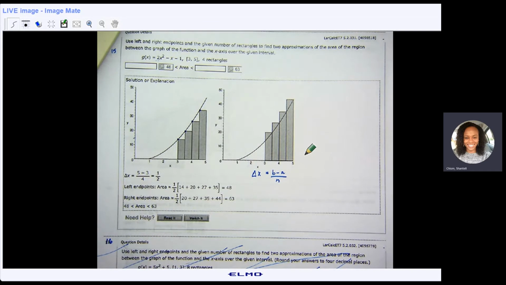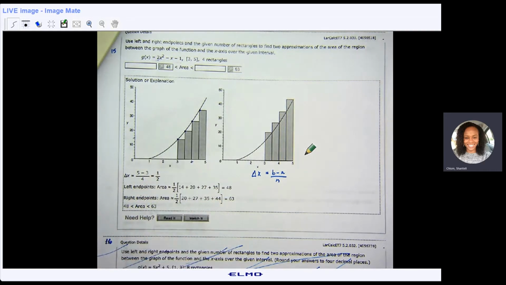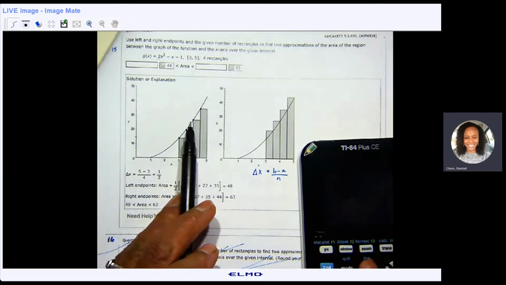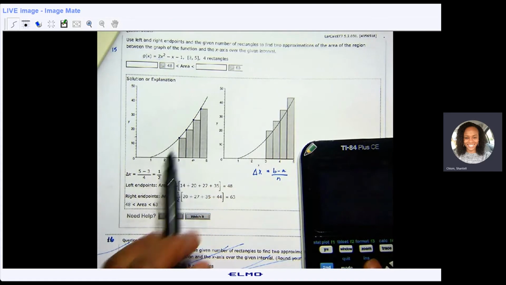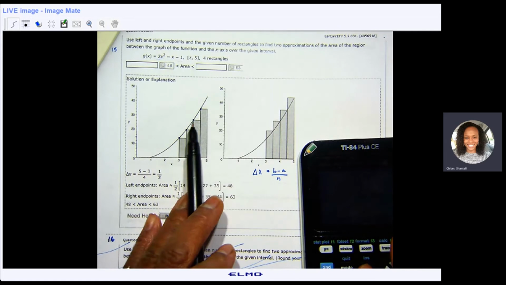Now, how did I get that? All I do is take that number and evaluate the function at that number. So you don't necessarily have to have a graph per se to get these endpoint values. You just need to know what delta x is, and you need to know the endpoints.